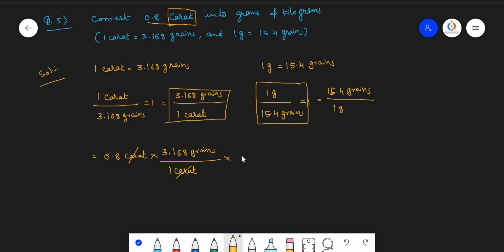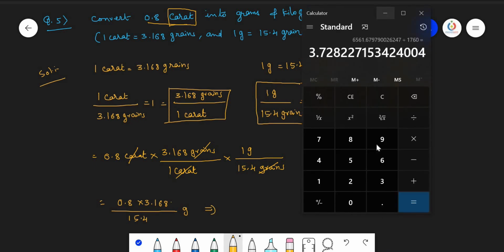So pick up this factor and multiply with the given physical quantity: 1 gram divided by 15.4 grains. So grains cancelled. The answer is in grams. We want the answer in grams only, no? So 0.8 into 3.168 divided by the denominator value 15.4 grams.